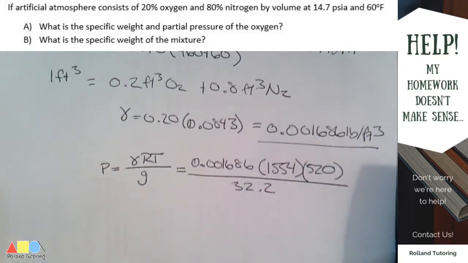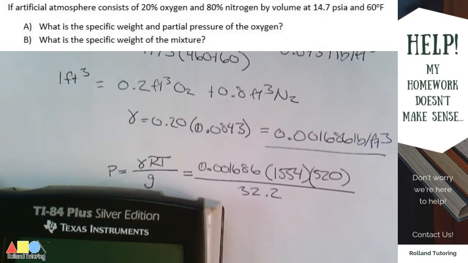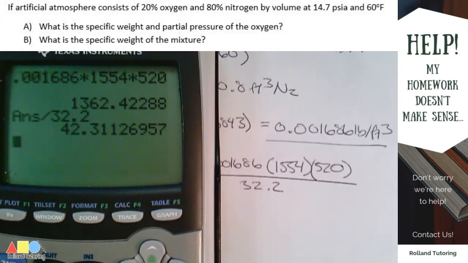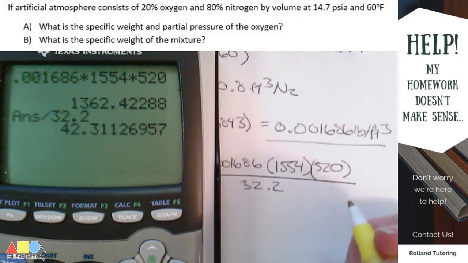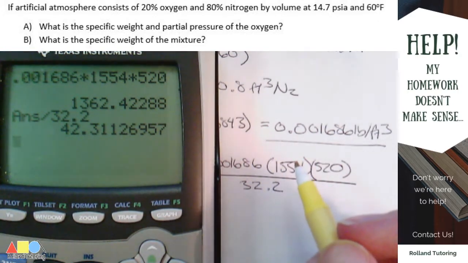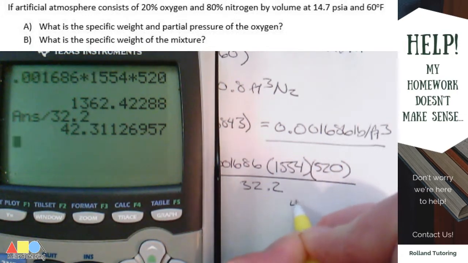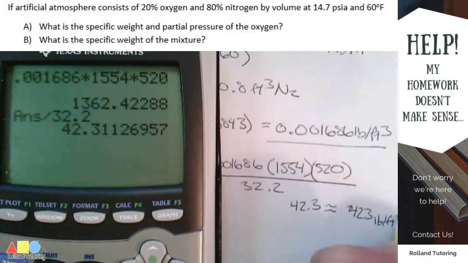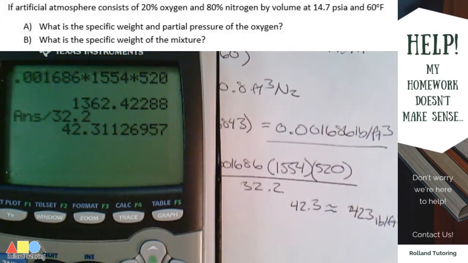Plugging all of those in, we get 442.3, which is actually going to be 423 pounds per foot squared if you adjust for units.